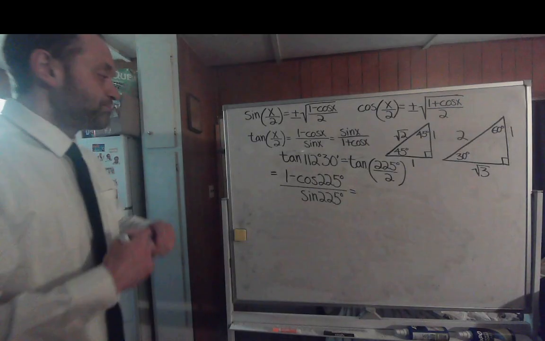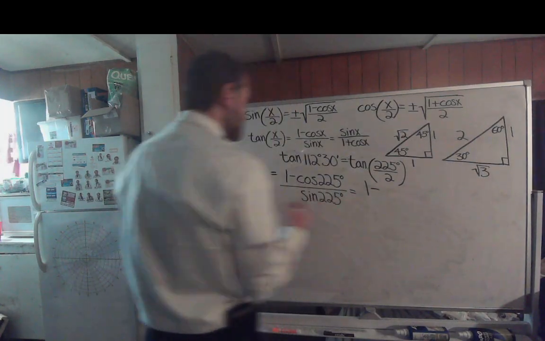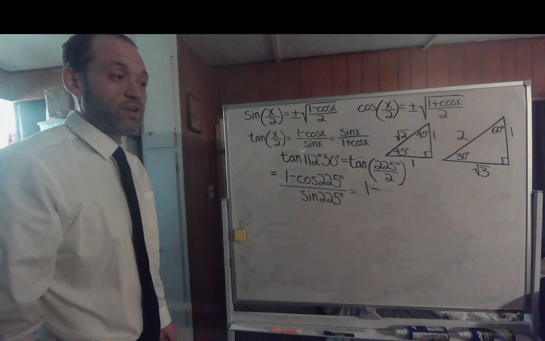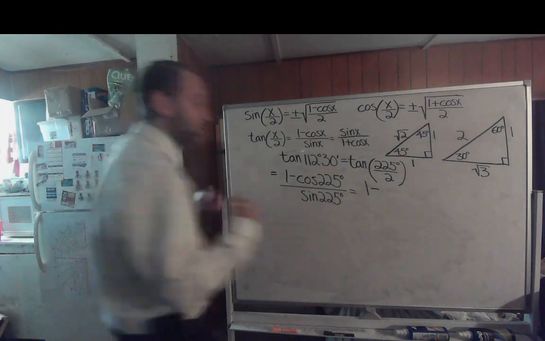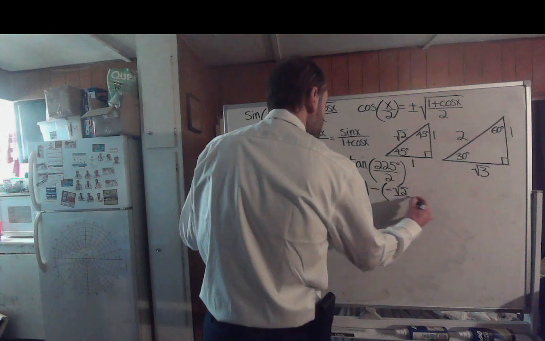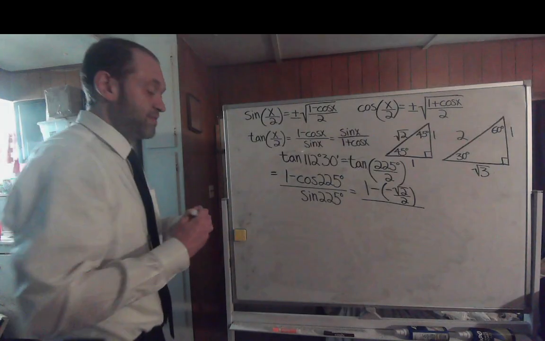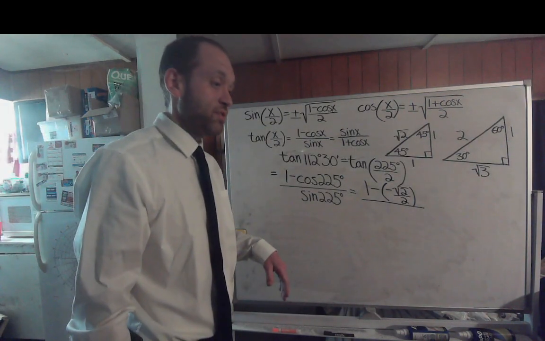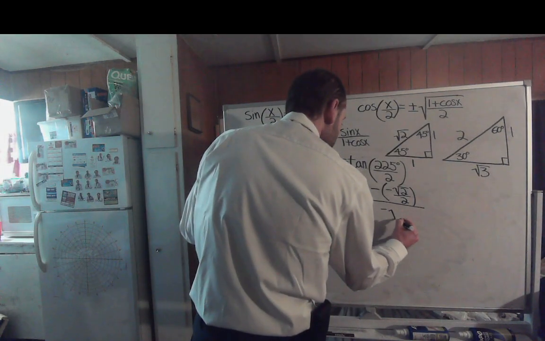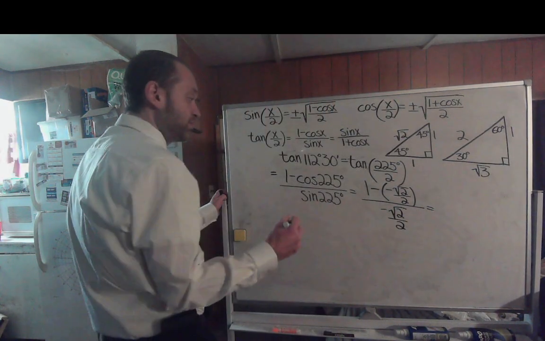Alright, so we got 1 minus, now what's the cosine of 225 degrees? That's a 45 degree reference angle in the third quadrant, so this would actually be minus negative square root of 2 over 2, all over the sine of 225 degrees. That's a 45 degree reference angle also in the third quadrant, so that would be over negative square root of 2 over 2.